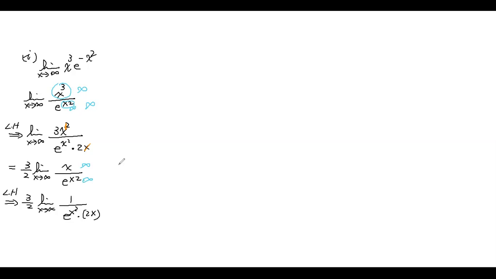So what do we have here? When x goes to infinity, the whole thing on the bottom is going to infinity. So it's 1 over infinity, which is 0. The constant in front doesn't matter, so the whole limit approaches 0. Cool? Okay, now let's take a look at k here.